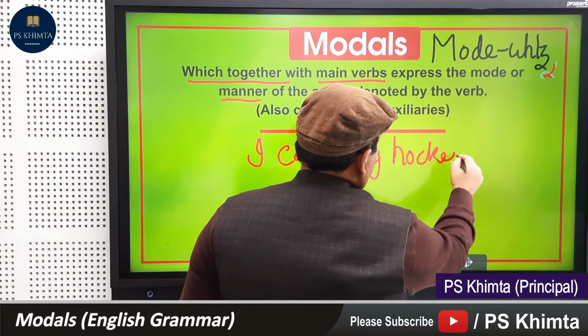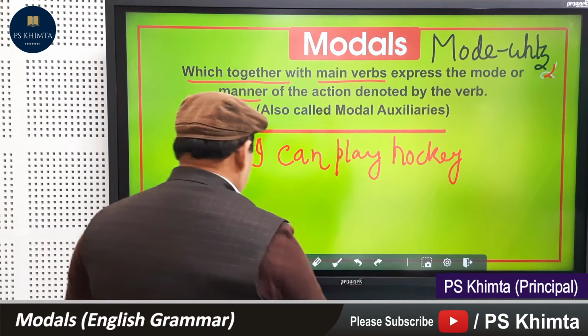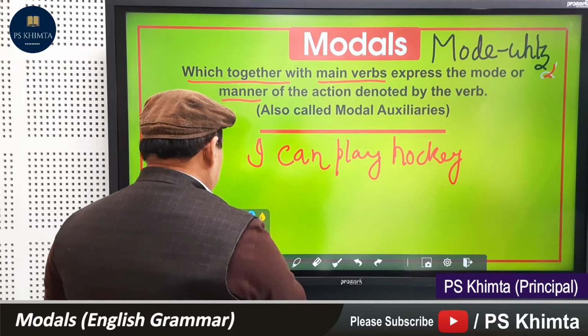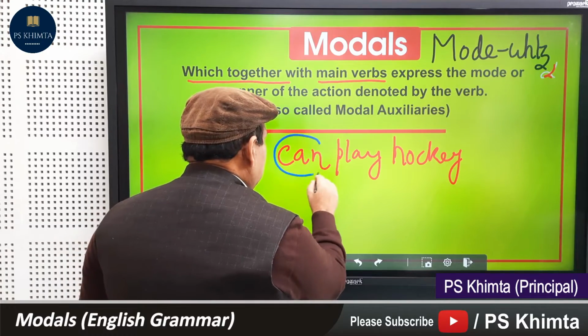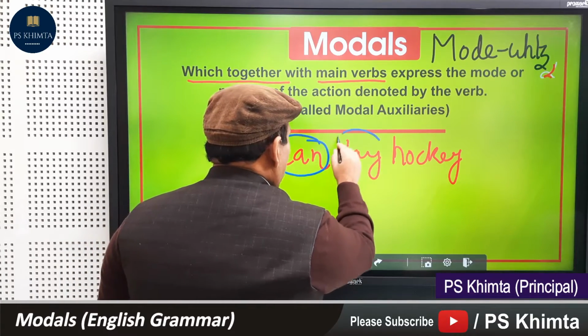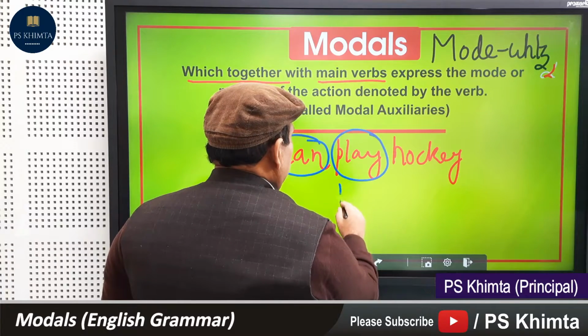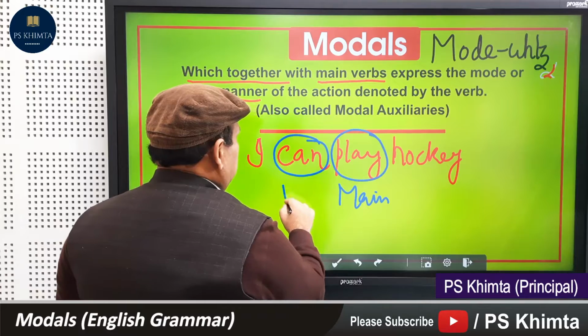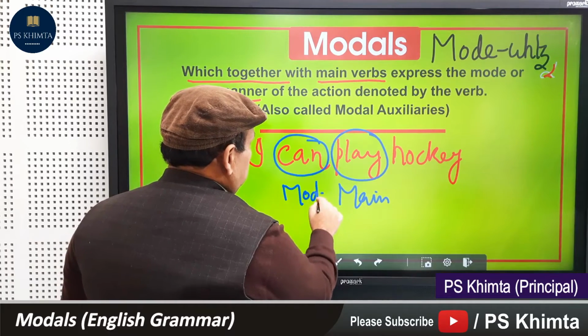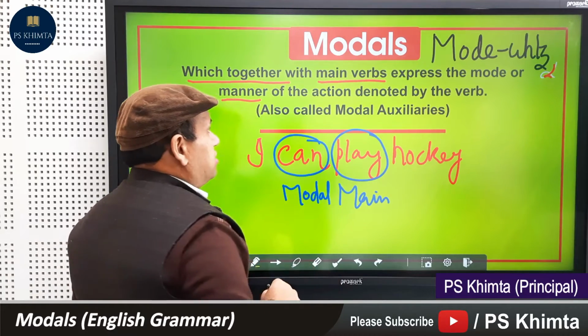This is a sentence. Now see here, what is to be taken care of. This one is a modal and this one is a main verb. What is this modal doing here?